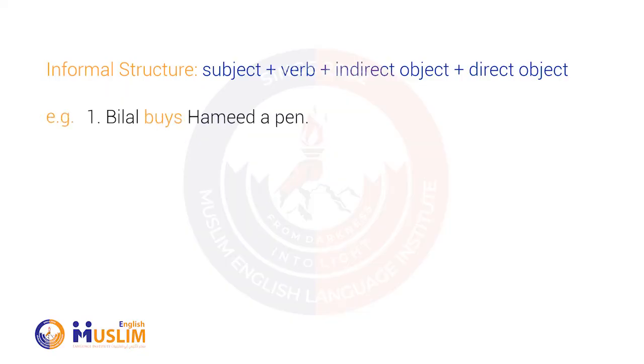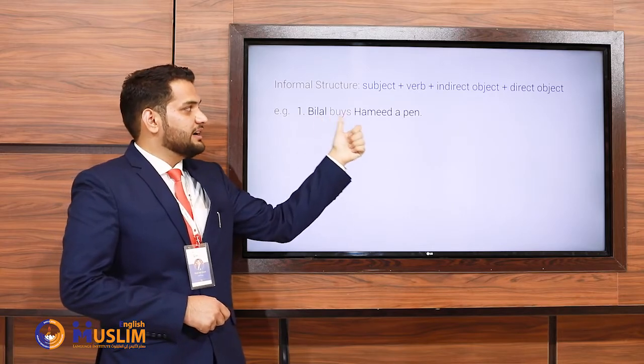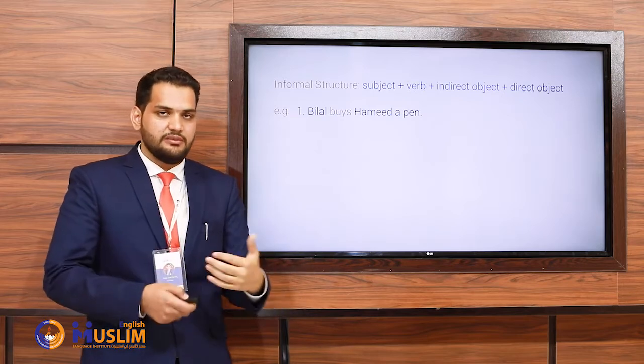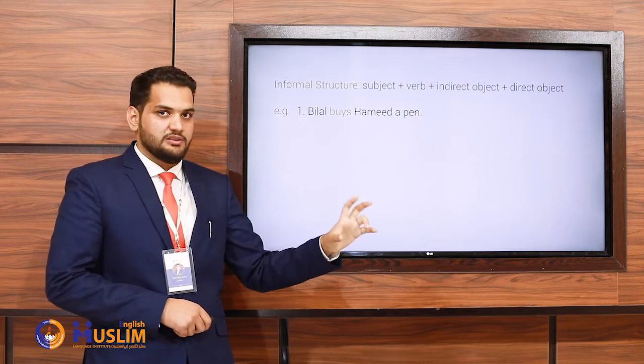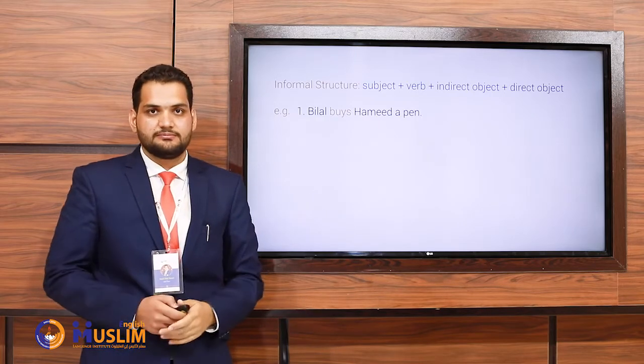For example, number one, Bilal buys Hamid a pen. If you remember the formal structure, I said, Bilal buys a pen for Hamid. If you want to change it to informal, remove the preposition for and change the positions of Hamid and a pen.